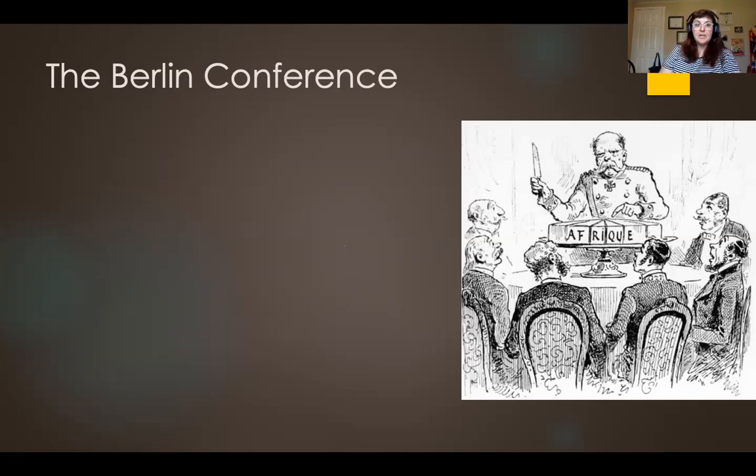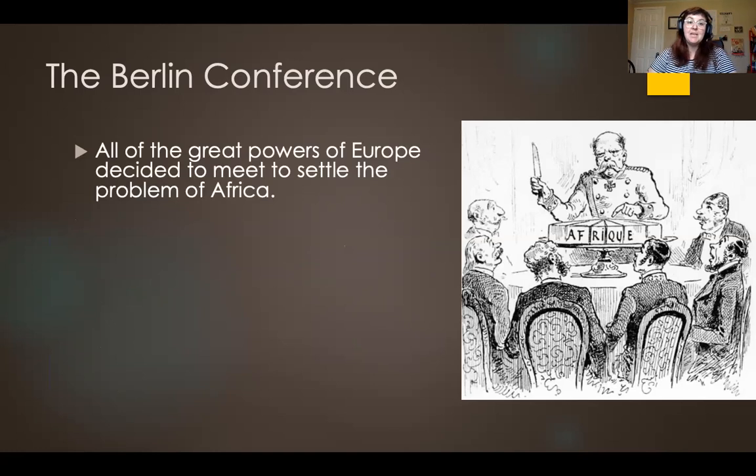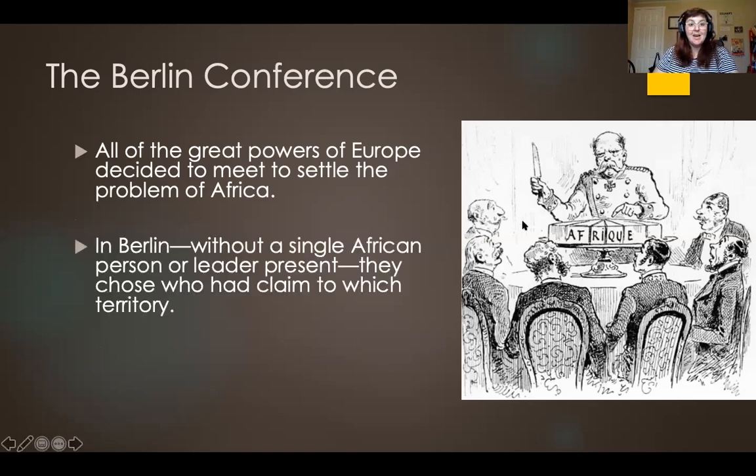So, what the European countries decide to do is to meet to settle what they call the problem of Africa. And basically, they do exactly what's in this picture here. They essentially sit down and decide which European country has claim to which territory. And you should note that there was no African leader or person present at this conference, at the Berlin Conference.